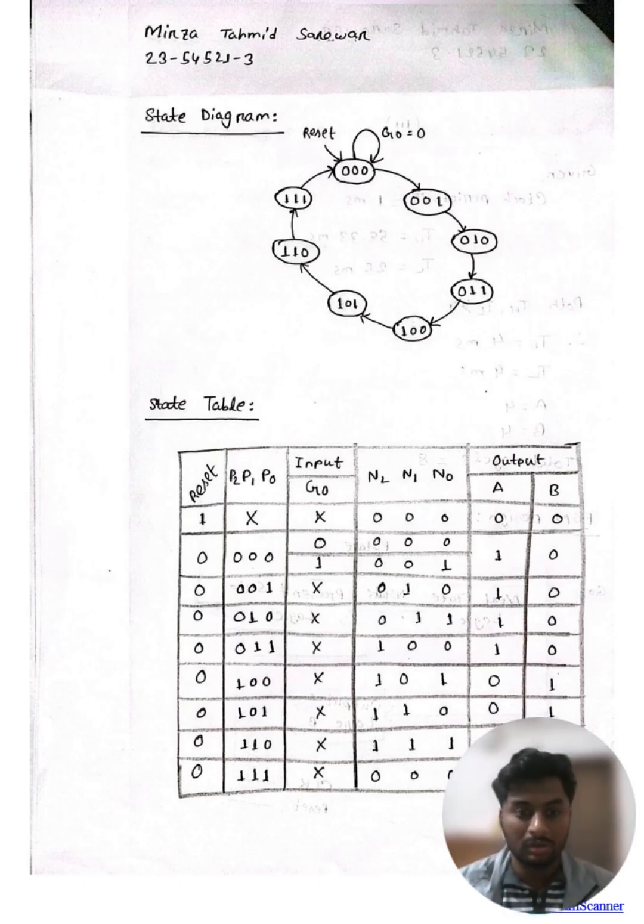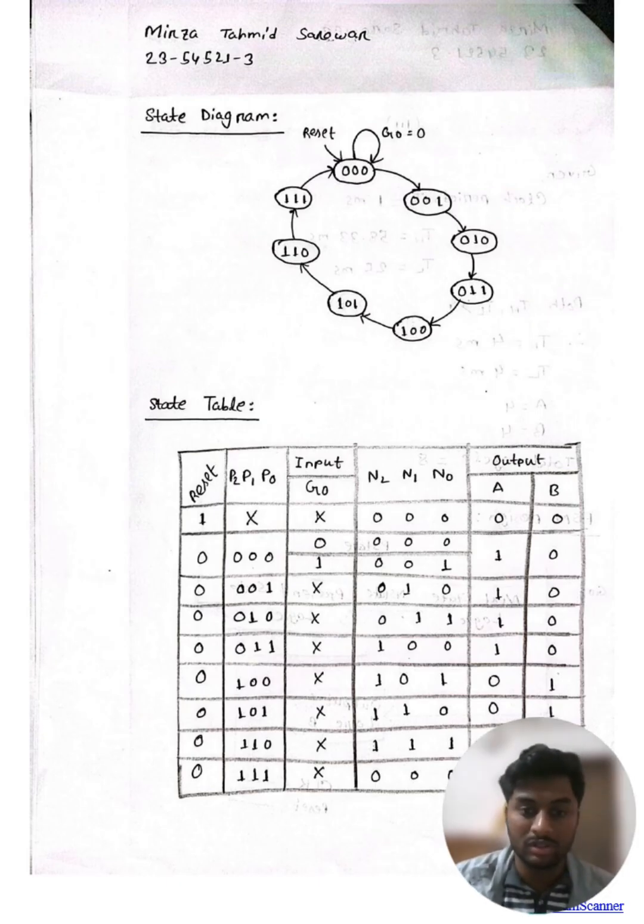Then the state table clearly shows the present state, next state, and corresponding output values. So from the table it is easy to understand how the FSM controls output A and B over time, and it is actually pretty much closer to the previous state table that we saw in question 1.